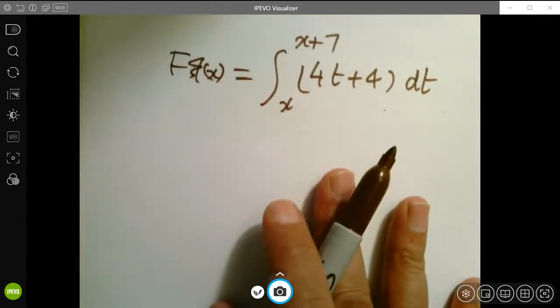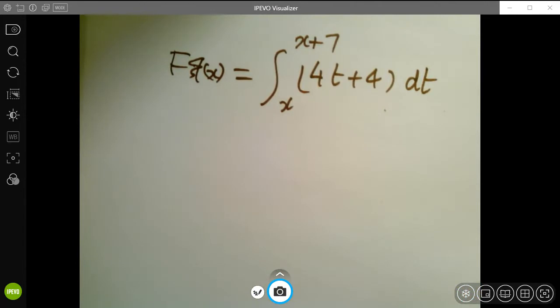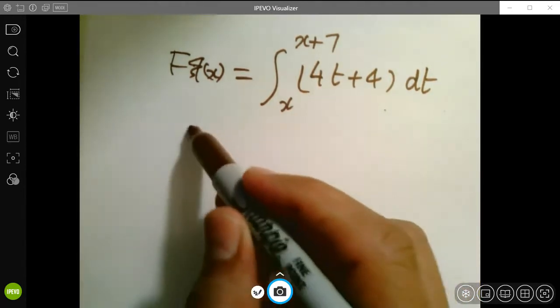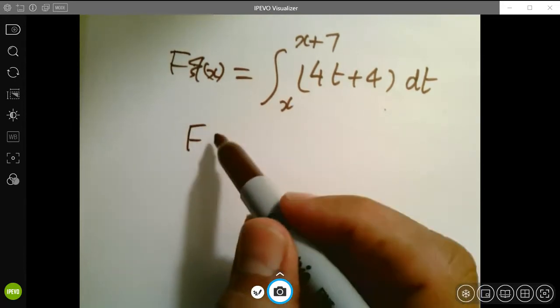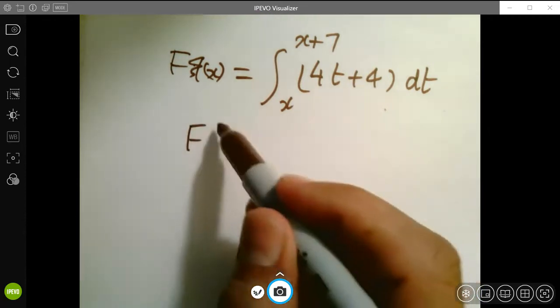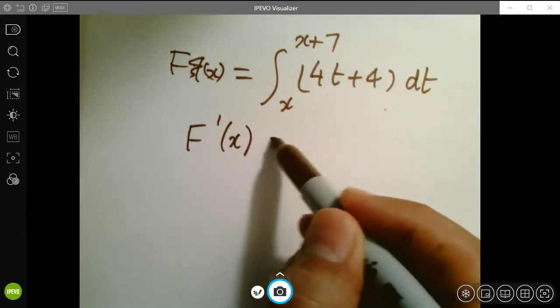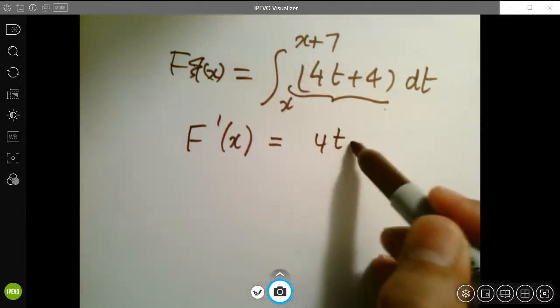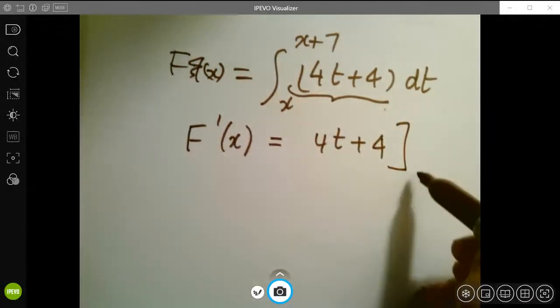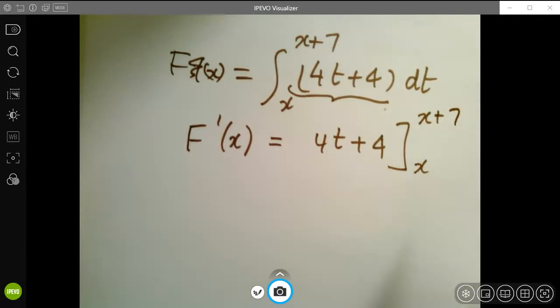Now notice, if you want to compute the derivative, f prime of x will be this one, x to x plus 7, okay?